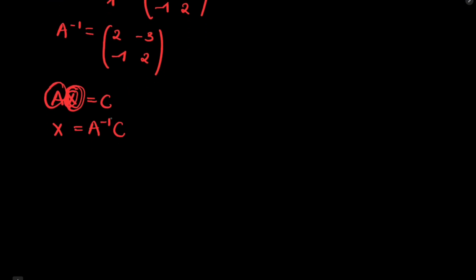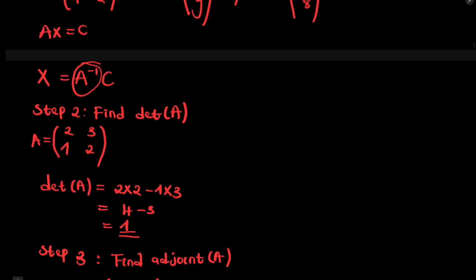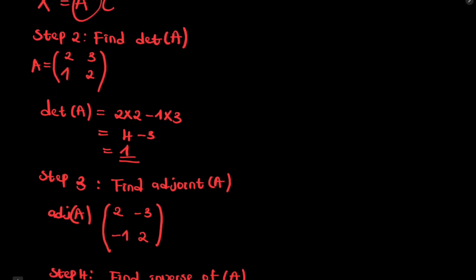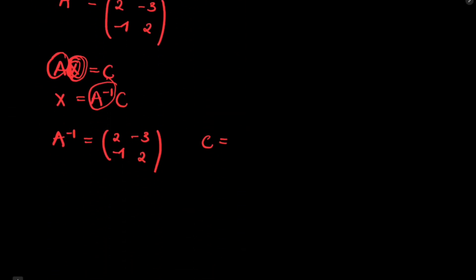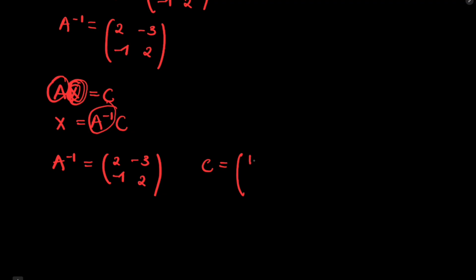So now we will take the inverse we got and multiply it by C. A inverse is 2, minus 3, minus 1, 2. And what was our C? Our C is 13, 8, a column matrix.